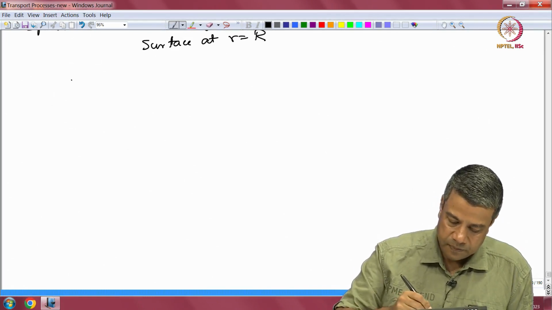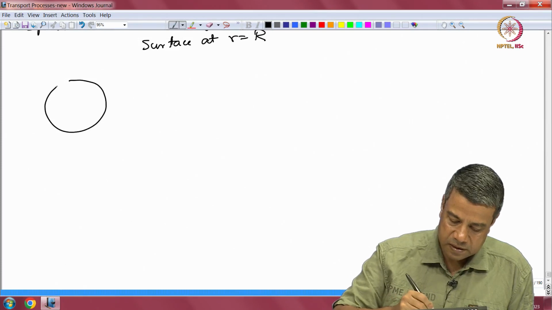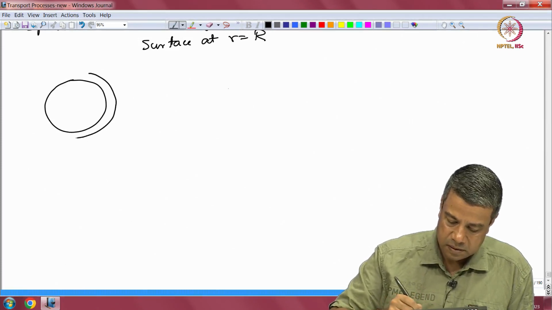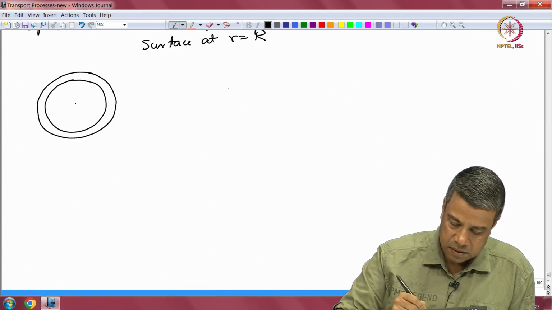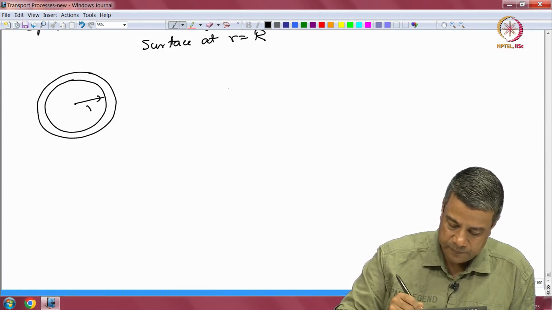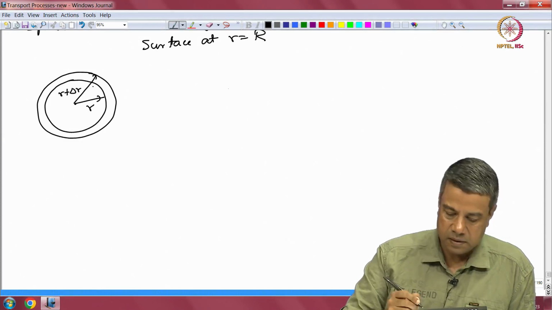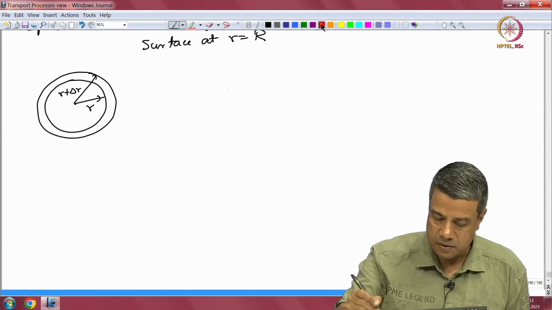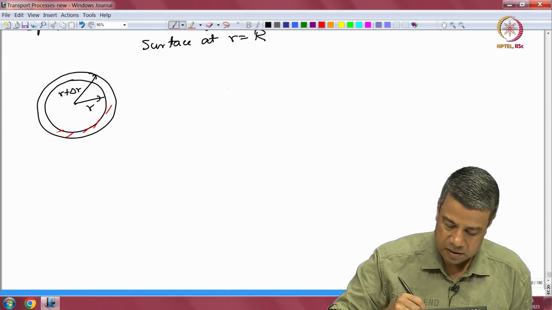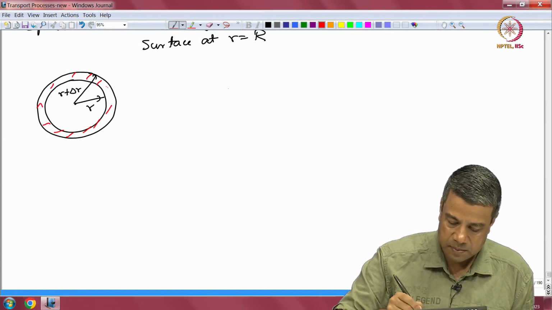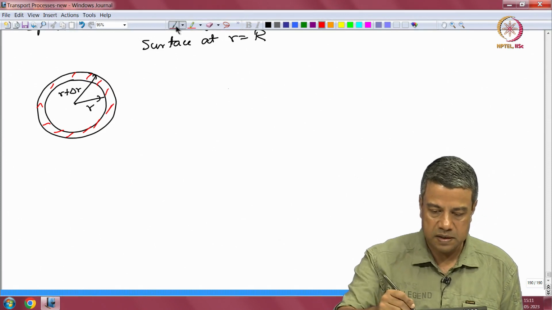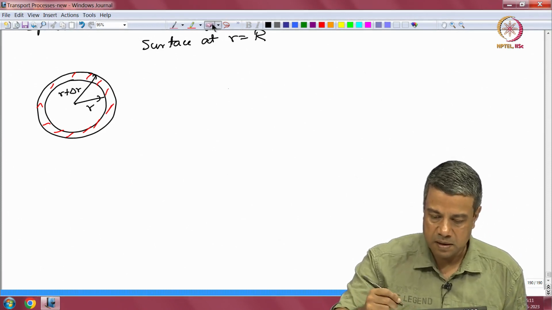I need to consider two spherical surfaces, one at distance r and the other at distance r plus delta r. So, this volume is the gap between two spherical shells, one at r and the other at r plus delta r.